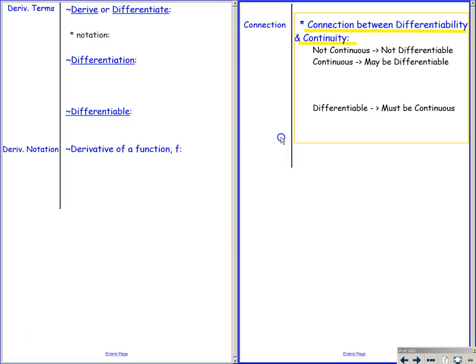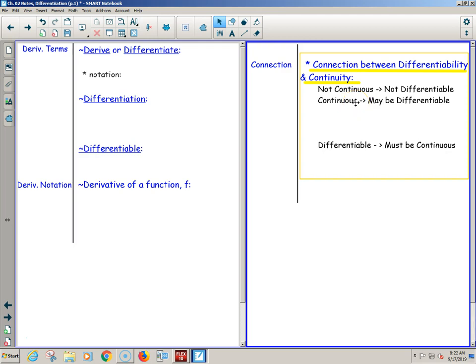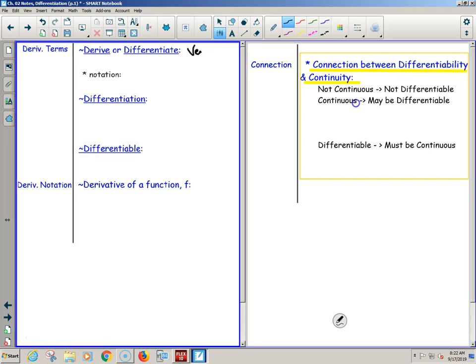All right, in your notes, let's talk about some technical stuff. To derive or to differentiate, these are verbs. What are verbs? Action words, right? Action.